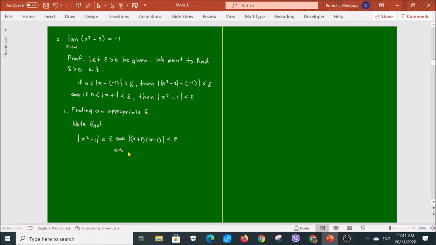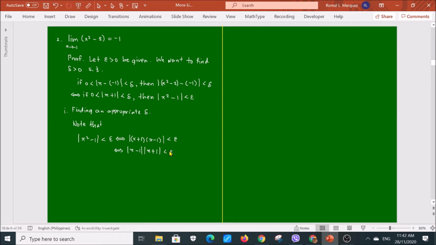Further equivalently, we are just trying to rewrite this so that we will come up with a nice delta. So when we prove formally, it will really work. That is the technique. So that is the absolute value of x minus 1, let's start with x minus 1, times the absolute value of x plus 1. After all, commutativity holds, no? Absolute value of x minus 1 times absolute value of x plus 1, and that is less than epsilon. Okay?